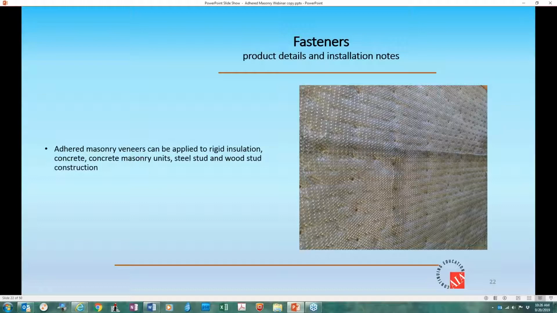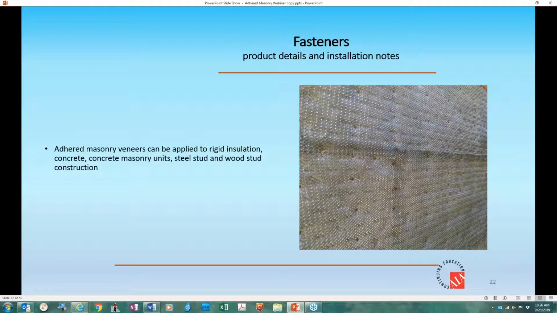If you're doing a wood frame, you can use staples, roofing nails, and screws. The minimum design is 3/4 of an inch for embedment. However, based on many years of experience, I would always recommend 1 inch across the board as good practice. If you're doing steel stud, the only recommended anchor I can offer is the self-tapping screw or the hex head anchor.